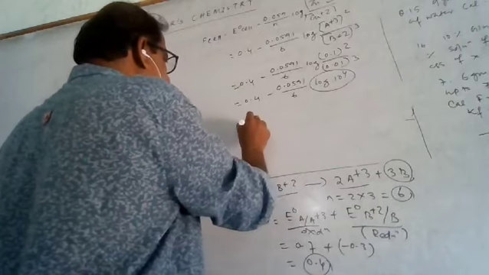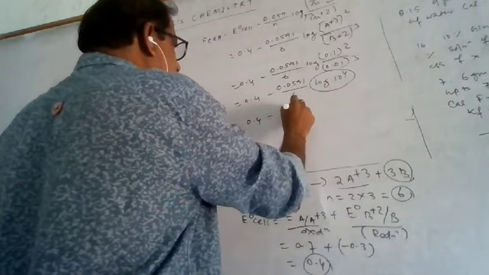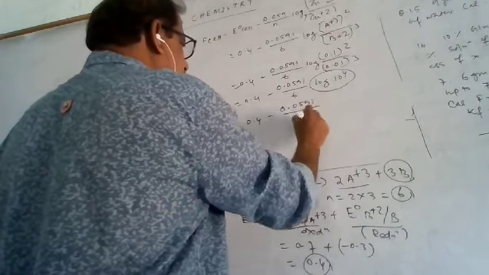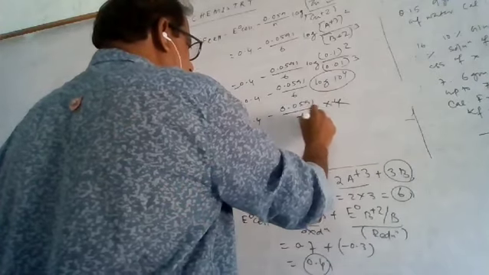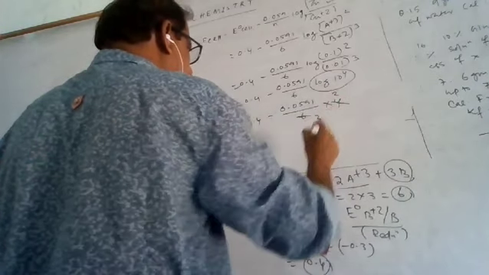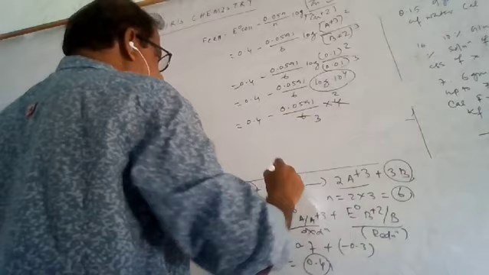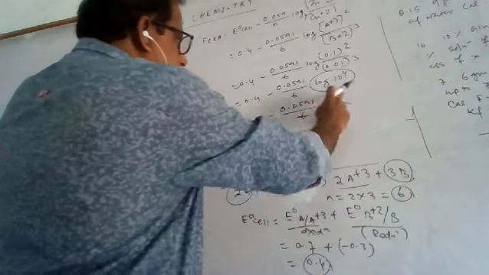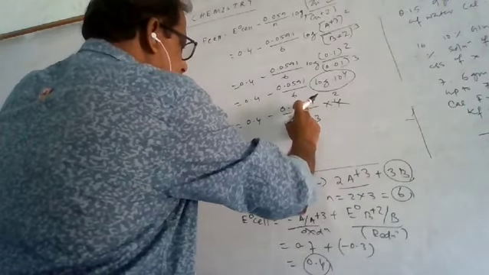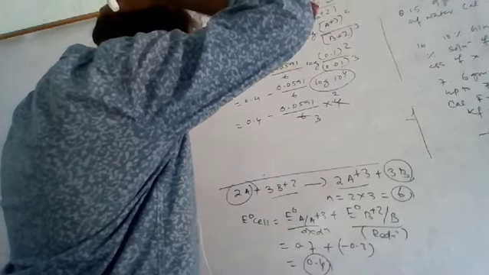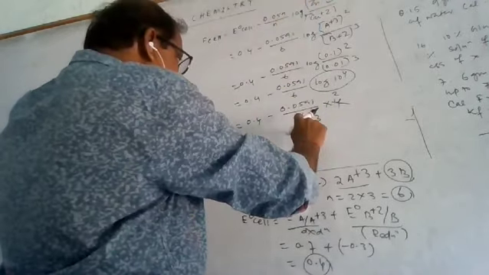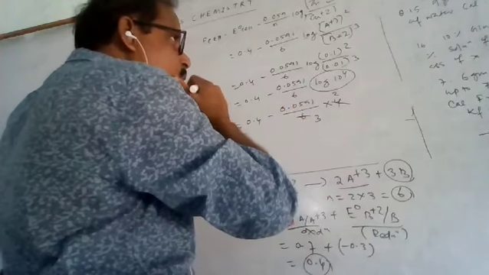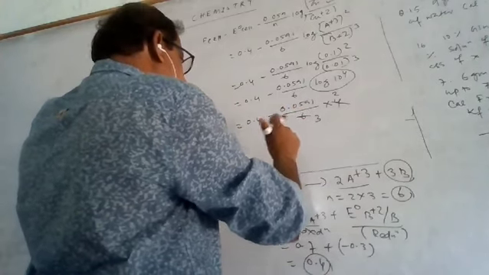So that is equal to 0.4 minus 0.0591 by 6 into 4. So it will be cancelled, it will be 3 and it will be 2. If you multiply these, it will be 1.2 by 3, which is 0.04.